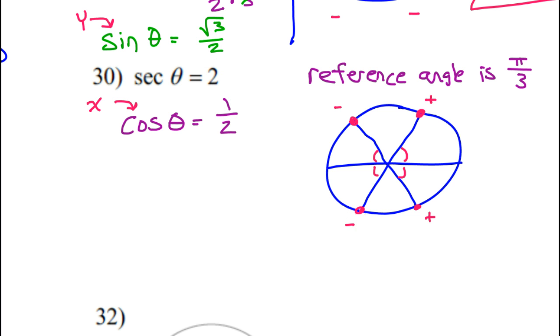For this particular problem, we want the cosine to be positive 1/2. So these are the 2 angles that are the answer. So theta is going to equal, this first one is simply pi over 3. What about this one? Well, this is 1 pi over 3, 2 pi over 3, 3 pi over 3, 4 pi over 3, 5 pi over 3.